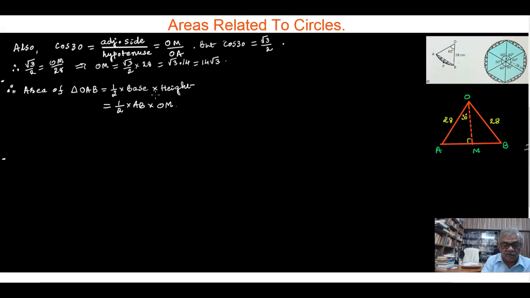Therefore the area of triangle OAB equals half into base into height. Base is AB, height is OM.